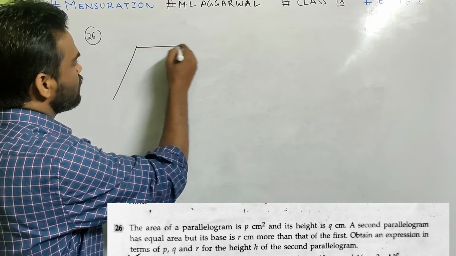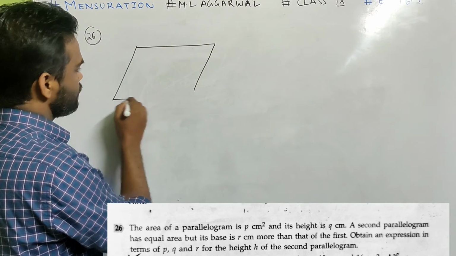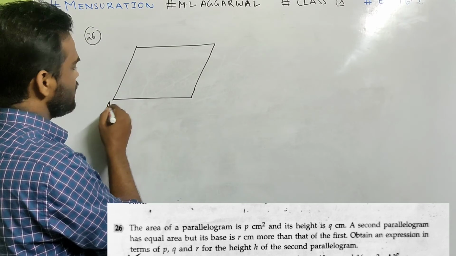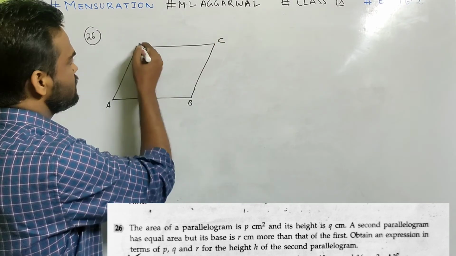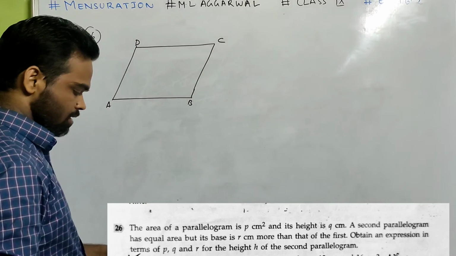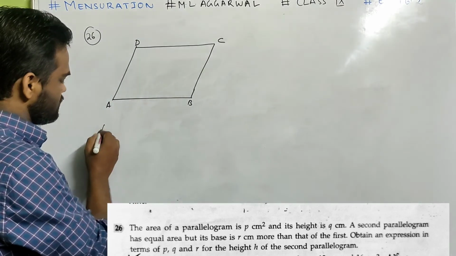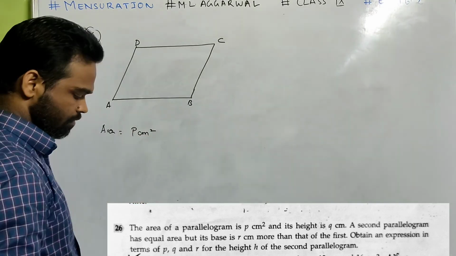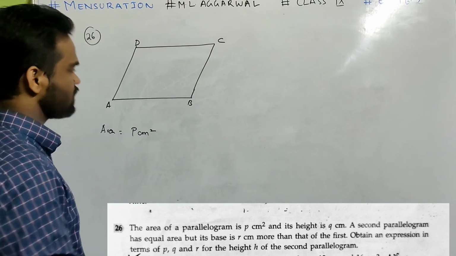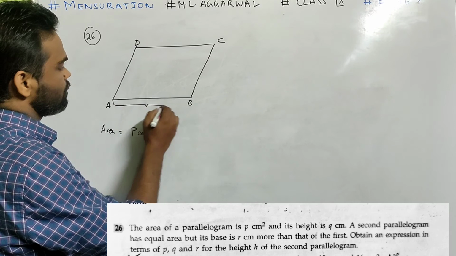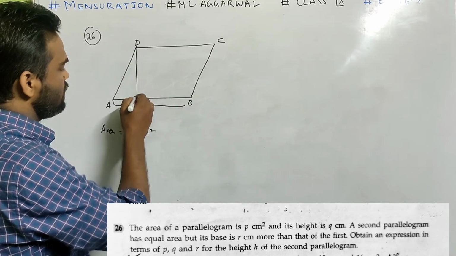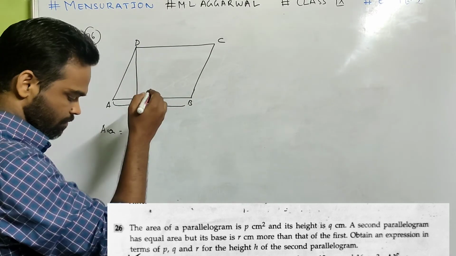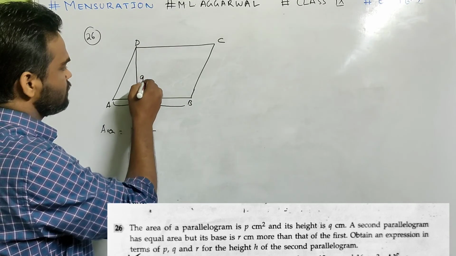You have 2 parallelograms. First one, suppose A, B, C, D. The area of the parallelogram is given as P centimeter square and the height is Q centimeter. Suppose this is the base. So the height is, they've given Q centimeter.